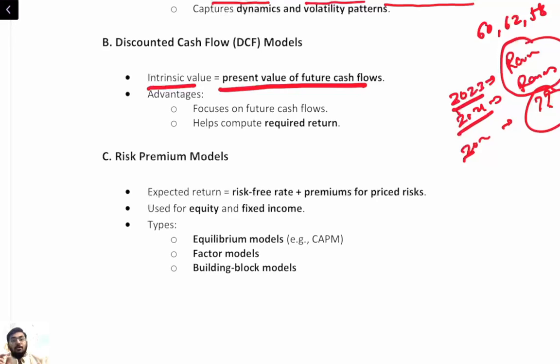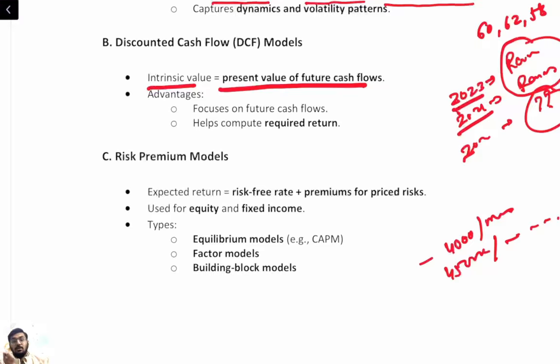Like if I offer you two jobs, one gives you 40,000 rupees per month today, and another job will give you 45,000 but starting after 1 year. So what will you do?